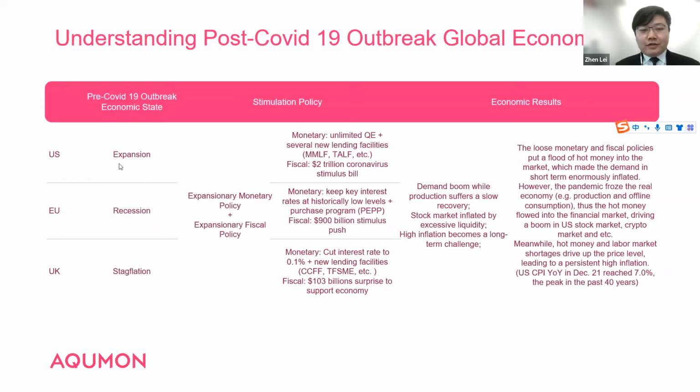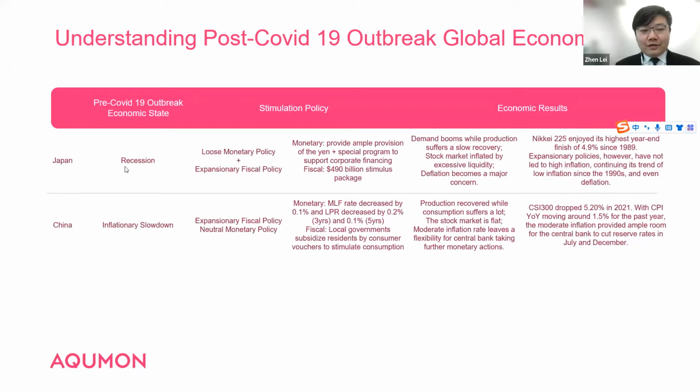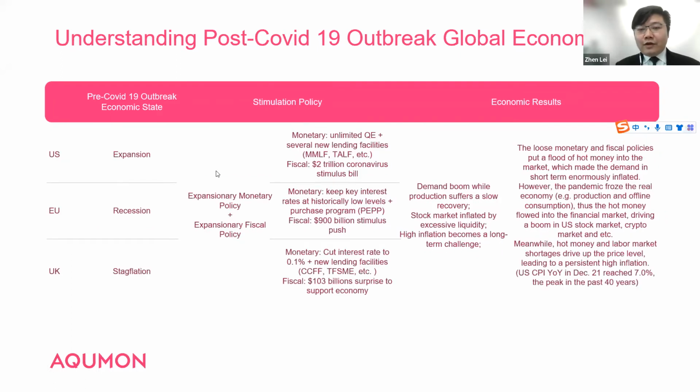The US was in expansion, and most of the DMs were in bad states. For example, the EU was in recession, the UK was in stagflation, Japan was in recession, and China was experiencing an inflationary slowdown. However, after the outbreak of the COVID-19 pandemic, there was a synchronicity in the stimulation policy.